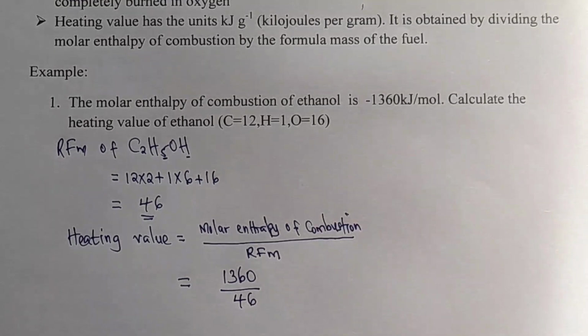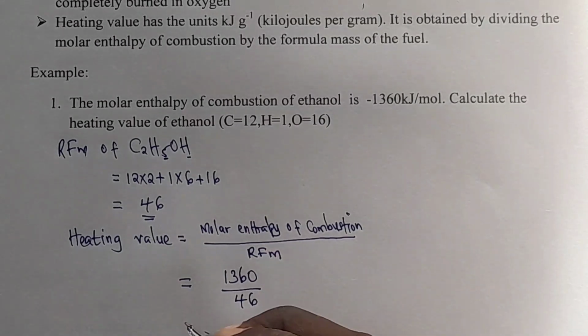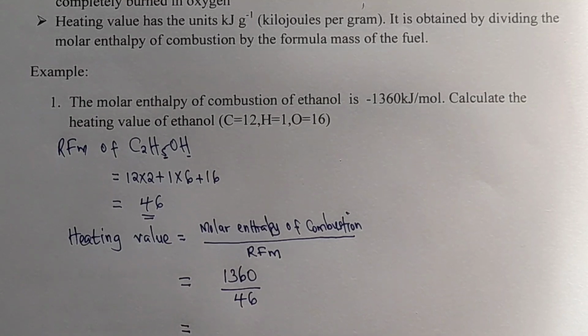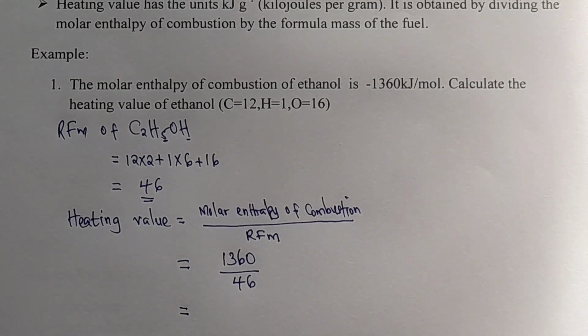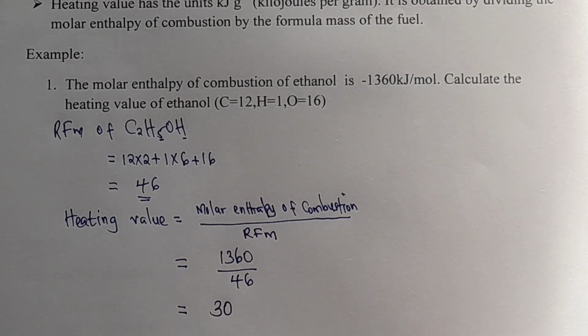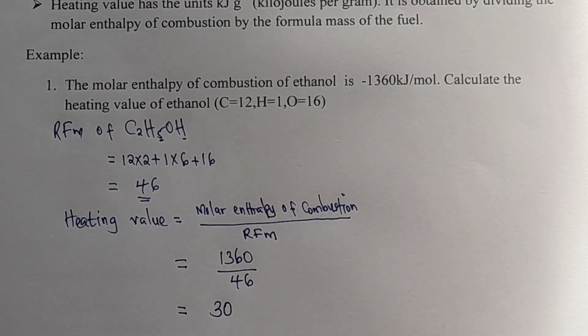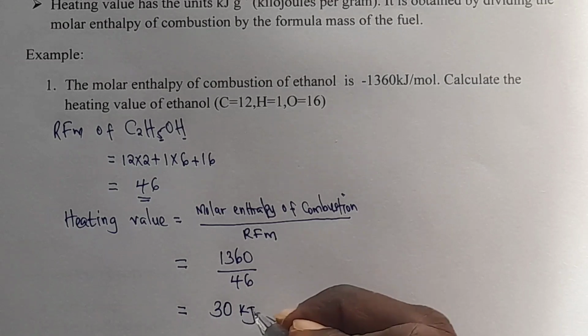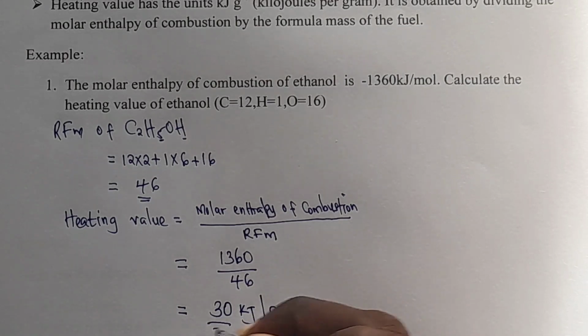This negative sign that we have here tells us that the reaction is exothermic, so we are not going to put it there. Putting that in the calculator, we get 29.6, which when rounded off, we get 30. The unit for heating value is kilojoules per gram. So our answer is 30 kilojoules per gram. That's the heating value for ethanol.